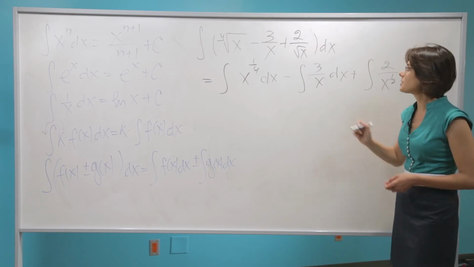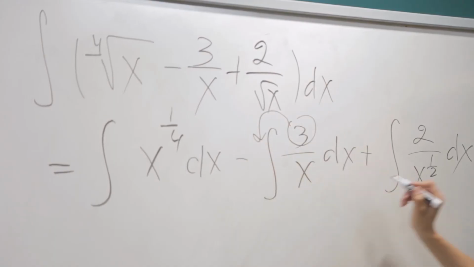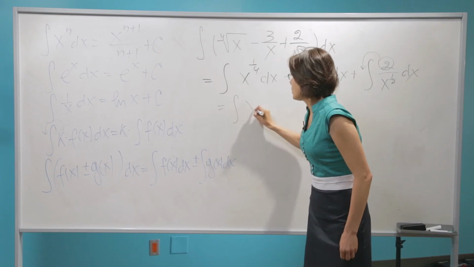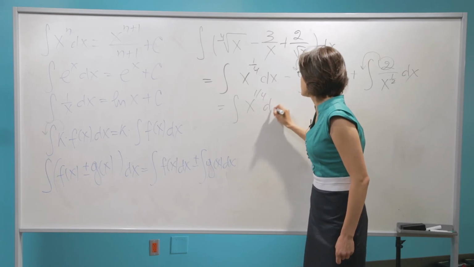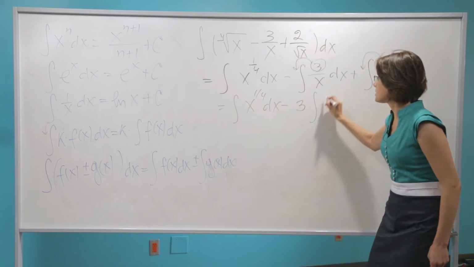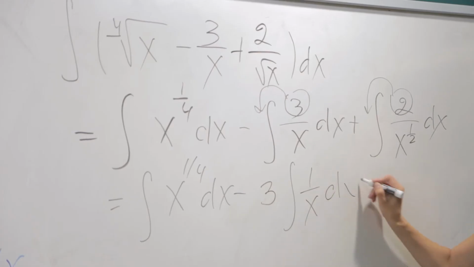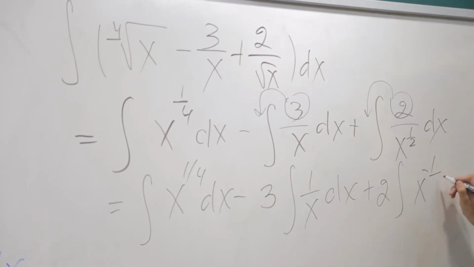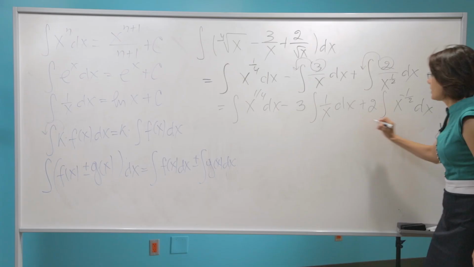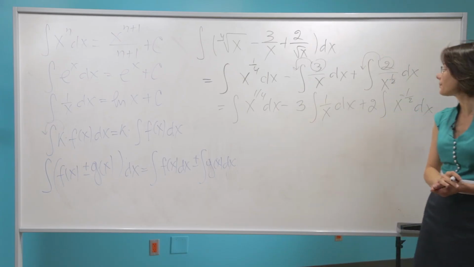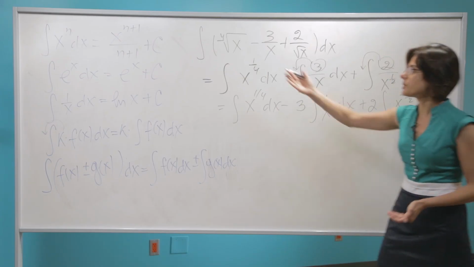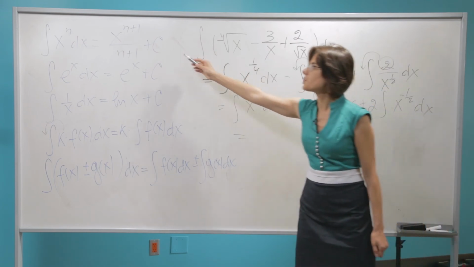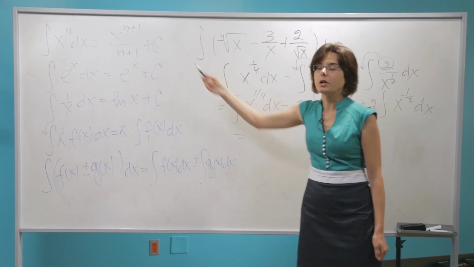Now we can bring outside all the multipliers. We have the integral of x to the power 1 over 4 minus 3 times the integral of 1 over x plus 2 times the integral of x to the power of negative half dx. Now we just use formulas. X to the power of 1 over 4, this is the first formula with n equal to 1 over 4.